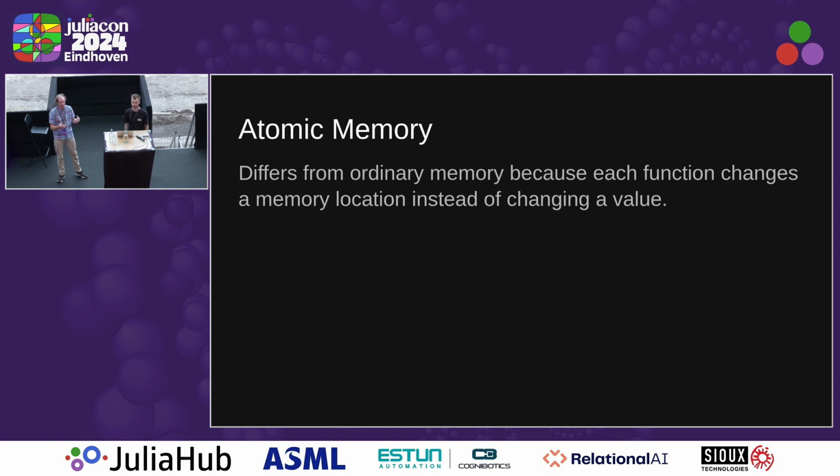And so the atomic memory lets you specify not only do you want to, say, increment that value at that location, but you want to do it in such a way that you don't lose any updates that happen on other threads at the same time.